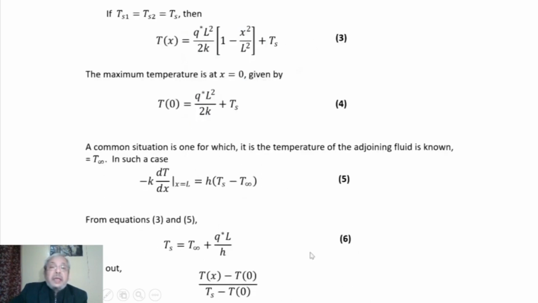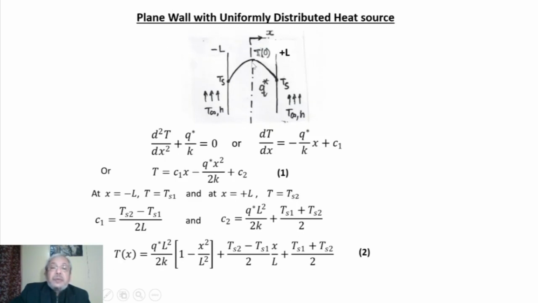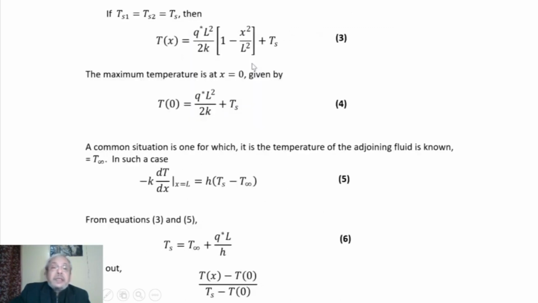So we will get T(x) equal to q star L square by 2k into (1 minus x square by L square) plus Ts. The maximum temperature is naturally at x equal to 0, and this will be defined by T0 equal to q star L square by twice k plus Ts, equation 4.